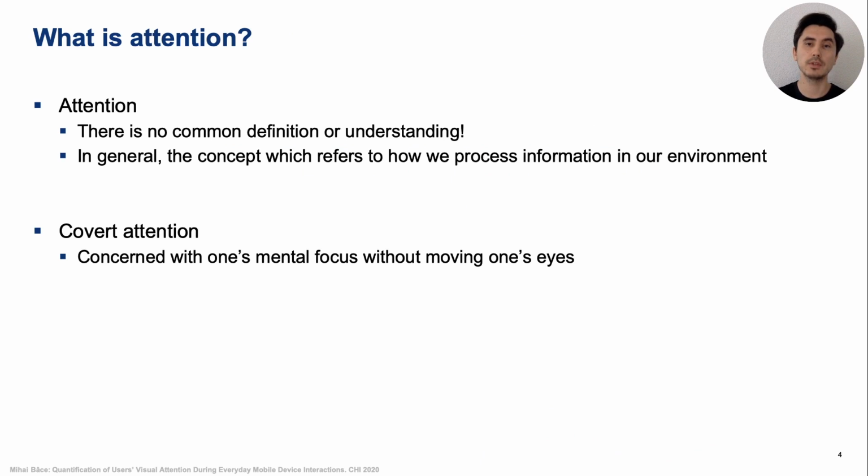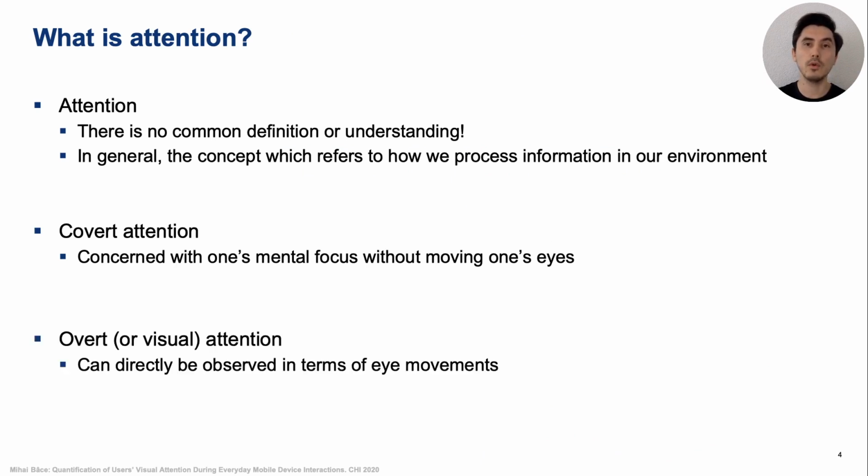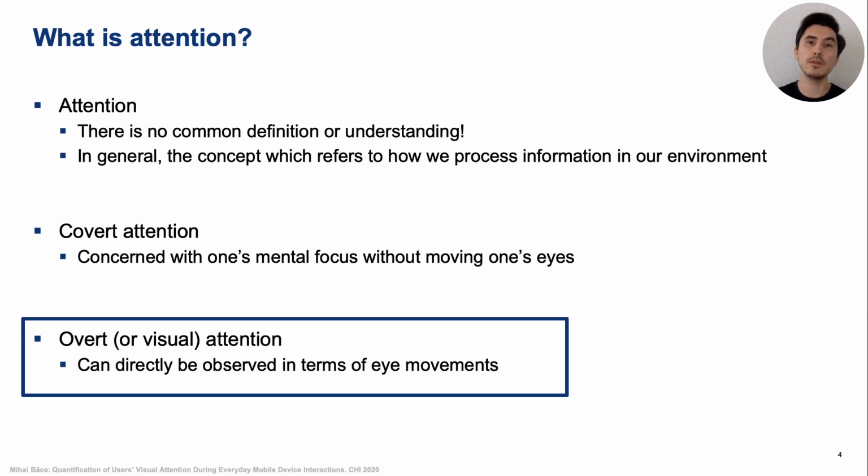Covert attention is concerned with one's mental focus without moving one's eyes. This requires carefully instrumented environments and stimuli. In contrast, overt attention, also known as visual attention, can directly be observed in terms of eye movements. In this presentation, whenever I talk about attention, I refer to visual attention.